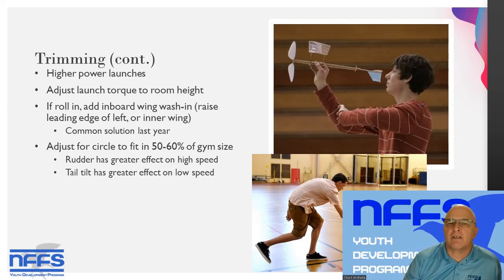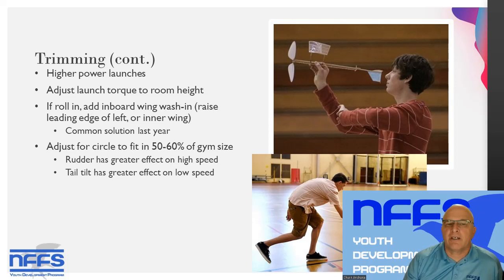This was a common solution last year on some of the kits, and I think it particularly had to do with the tip plates being on the small side in order to fit the box dimensions, especially planes that go in the box diagonally. So if you're running a kit that fits in the box diagonally and has small tip plates, be ready to add some wash in.